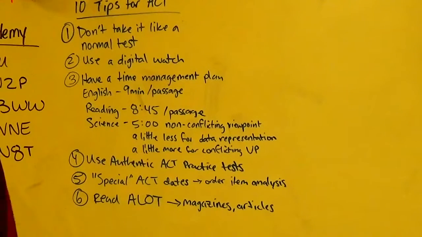If you read a lot, you're going to be more accustomed to the bigger wording that they use, because most magazines and newspaper articles use higher level wording. It'll also develop your reading speed. The more you practice something, the quicker you should be able to do it.